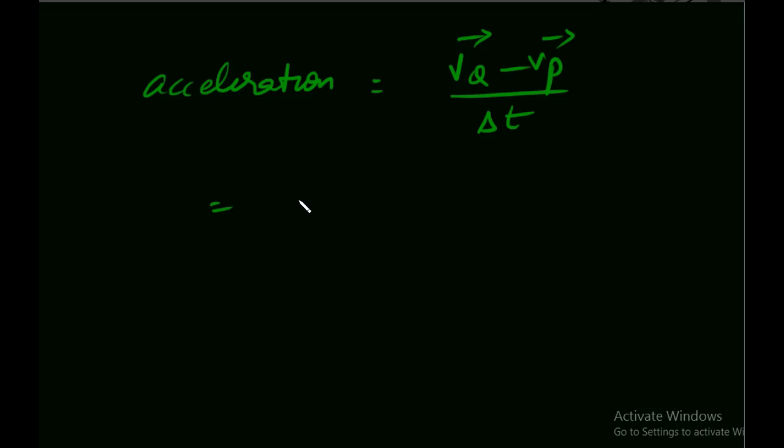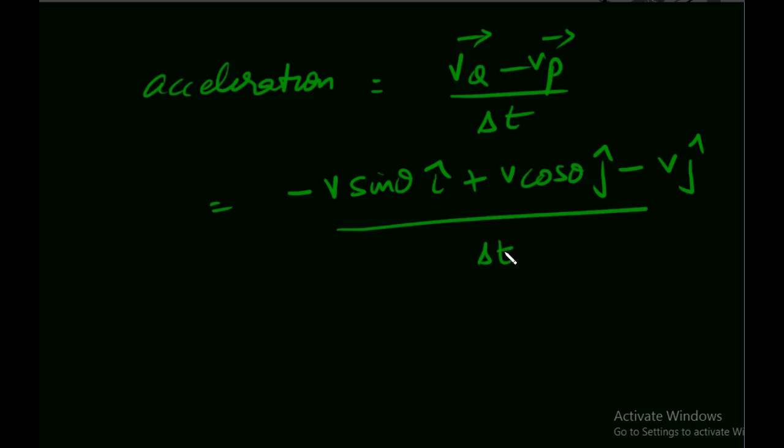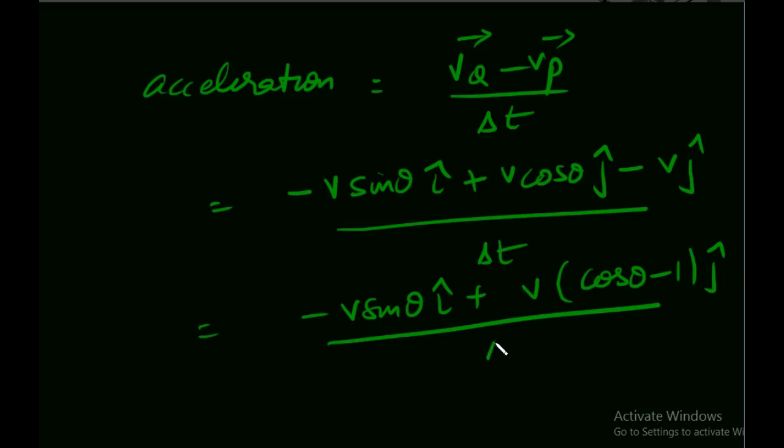What was Vq? Vq was minus V sine theta i plus V cos theta j, minus Vj, divided by delta t. This would be equal to minus V sine theta i plus V (cos theta minus 1) j divided by delta t. Now this is acceleration.